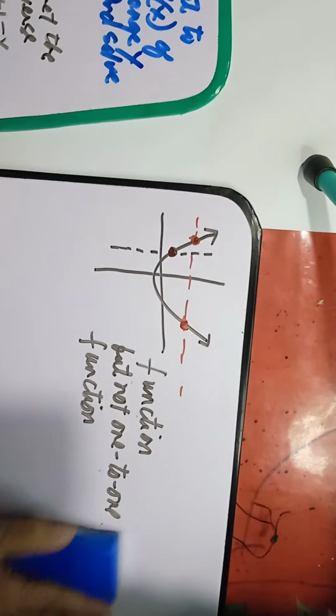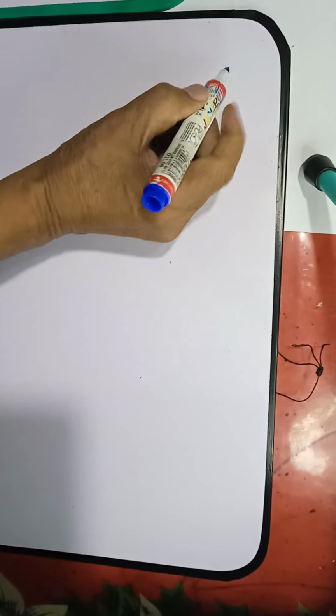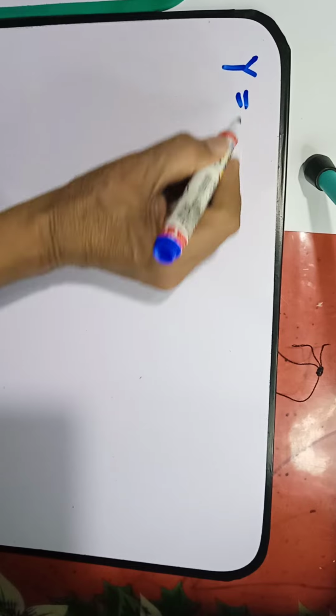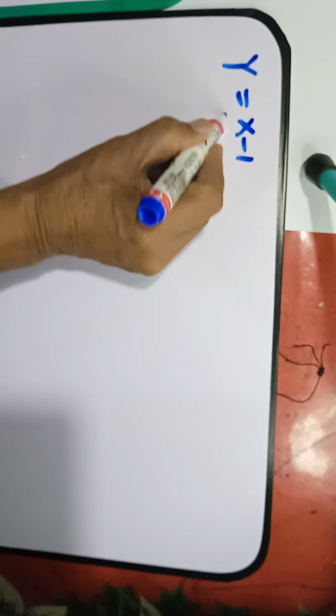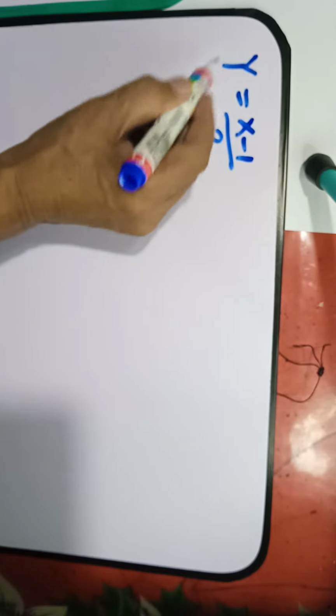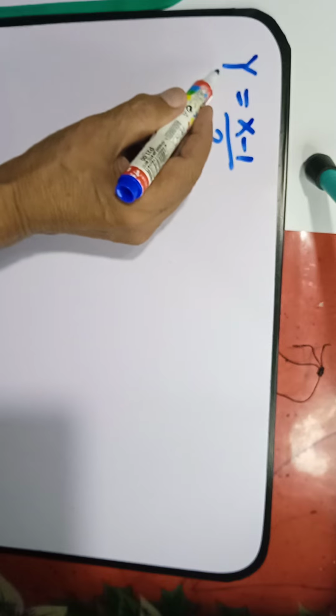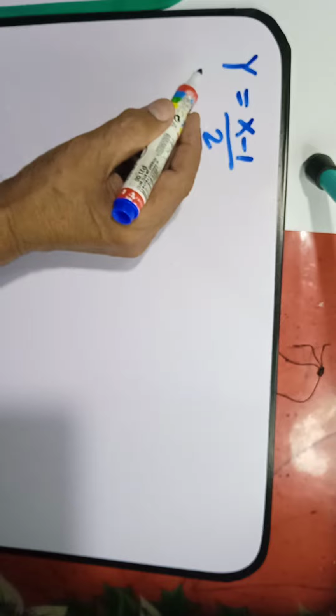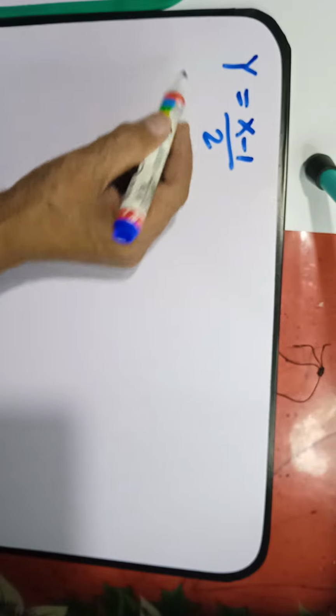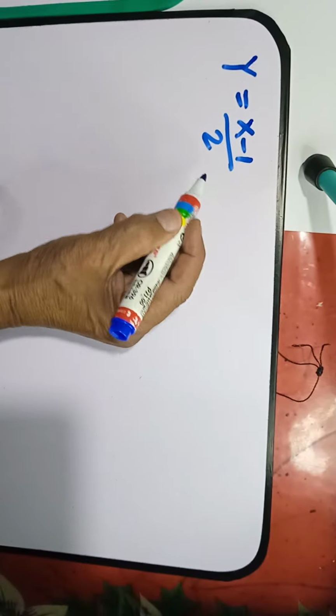y. y equals x minus 1 over 2. And since the y is changed to x and x is changed to y, it's already an inverse function.